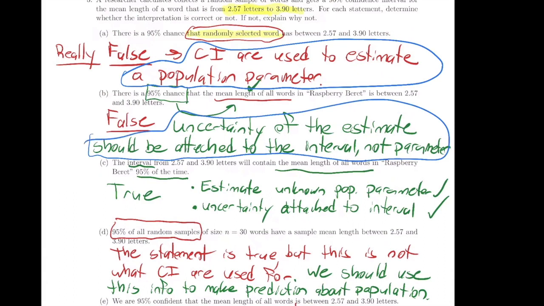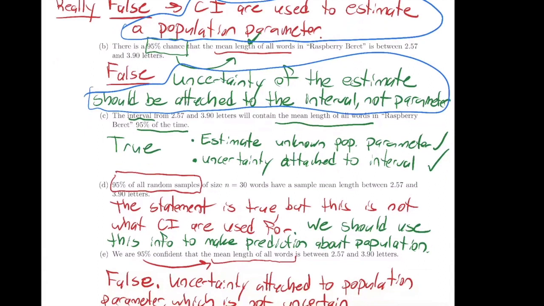As long as you keep those 2 things in mind, then I think you'll avoid these common misconceptions. Any questions about that? So we just want to be really careful how we use our language in interpreting those.